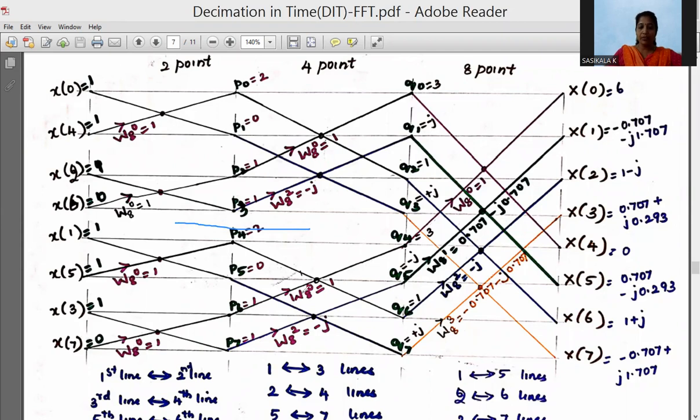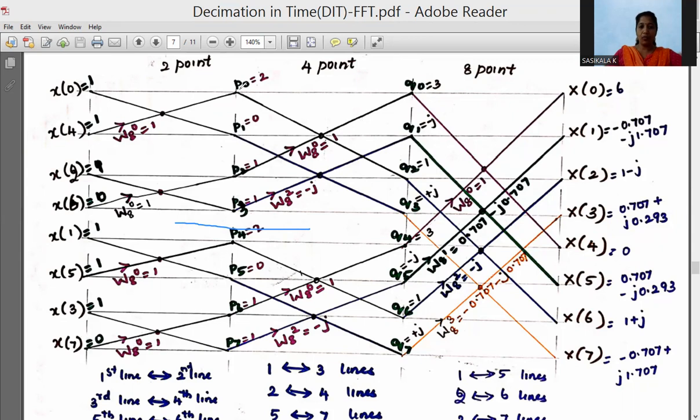In the 4 point DIT, the first line is connected with the third line, and similarly here also. Put a dot at the intersection point and immediately mark the twiddle factor W8 power 0, and also mark the value as 1. Write it in the diagonal direction.